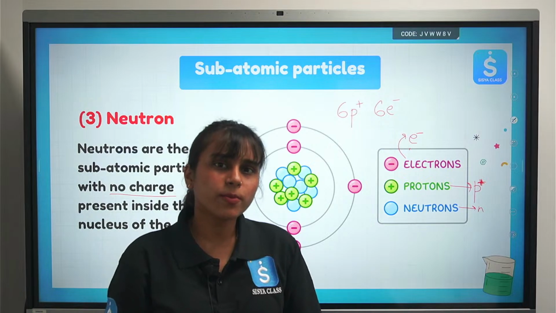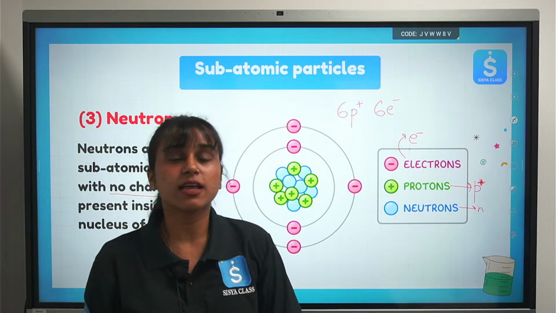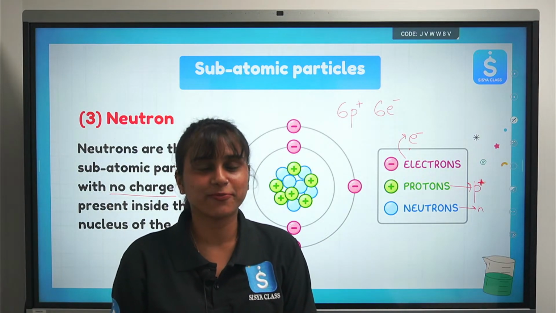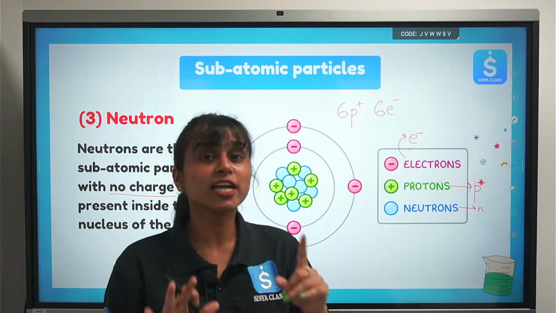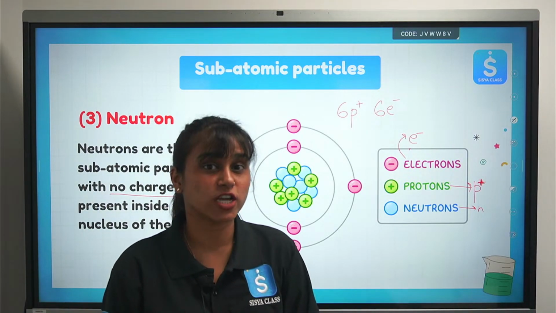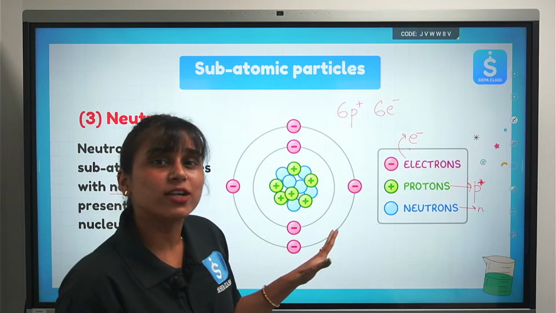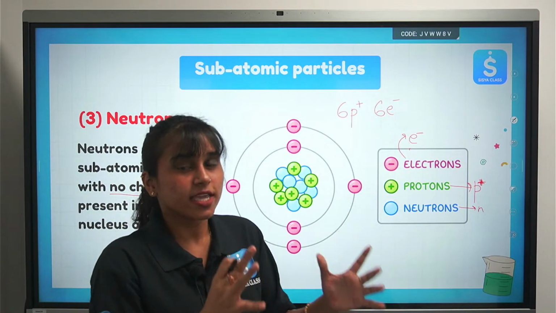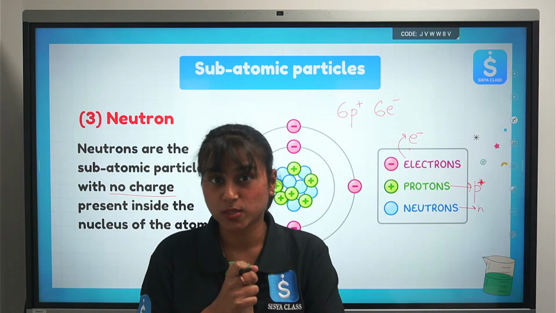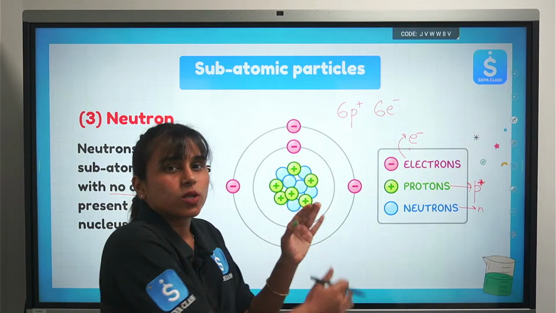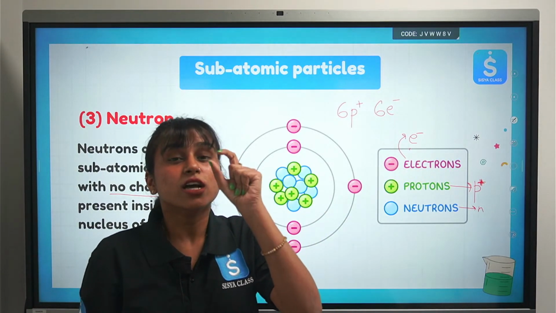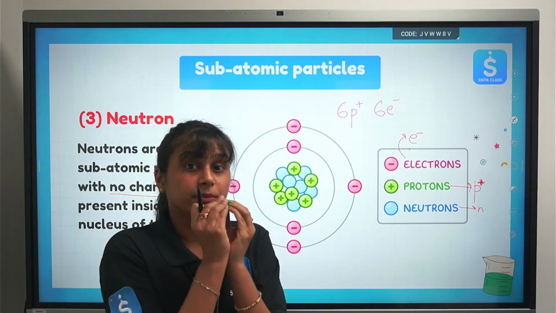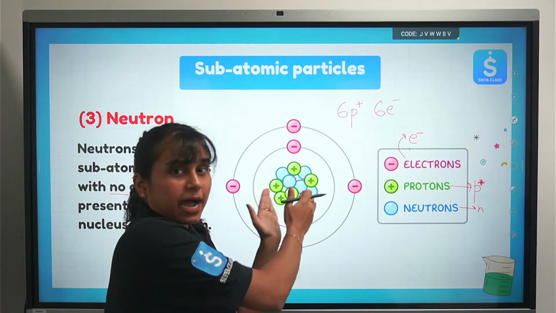So now you might think that we have plus and minus, positive and negative, so what is the need for neutrons? You have positive charges, you have negative charges, so why do we need the neutral charges? Just think about it in this way. You can see the nucleus, I told you it's a very small central part of the atom, and so many protons are present in it.